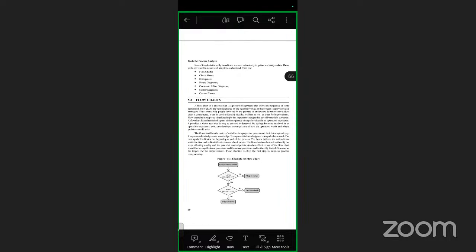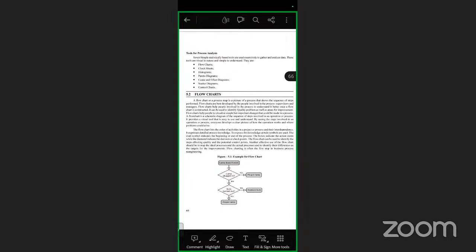So here we'll see in programming also, start to end. Where to start, where to end. Are there any loops? We are going to represent the loops. So a flowchart is a list of the order of activities in a project or process and their interdependency.